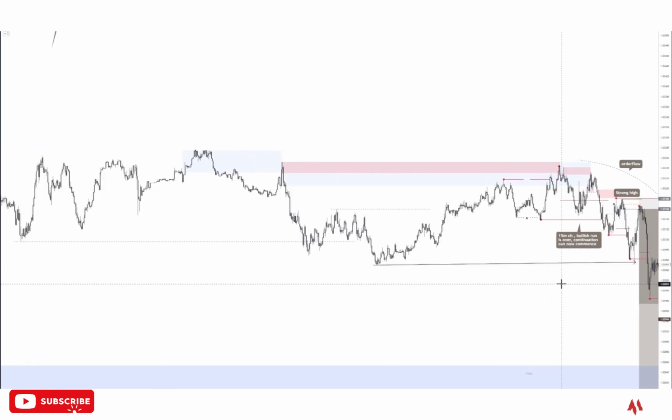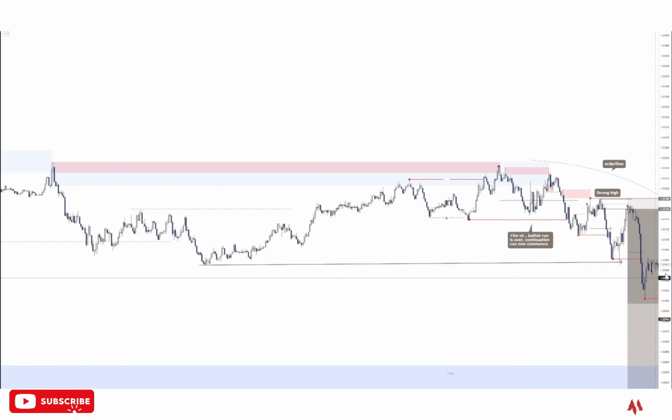So heading into London session, this was our range, this high and this low was our range on the 15 minutes.